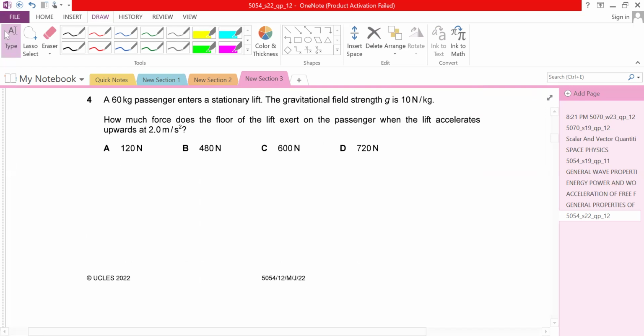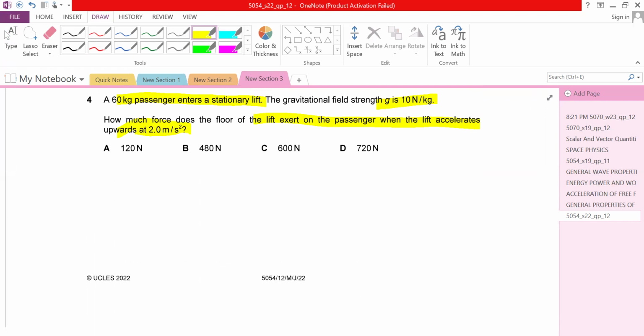Question number 4. A 60 kg passenger enters a stationary lift, and the gravitational field strength is given in the question as 10 Newton per kg. How much force does the floor of the lift exert on the passenger when the lift accelerates upwards at 2.0 meters per second squared?